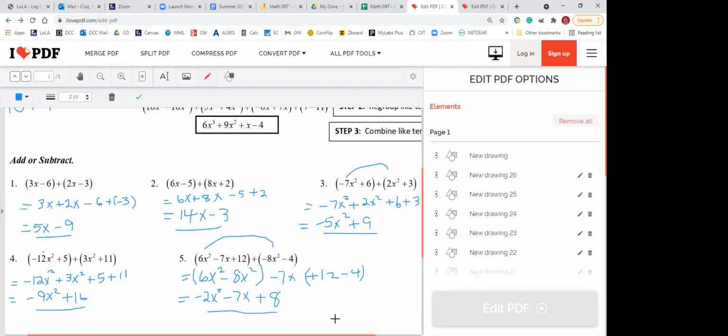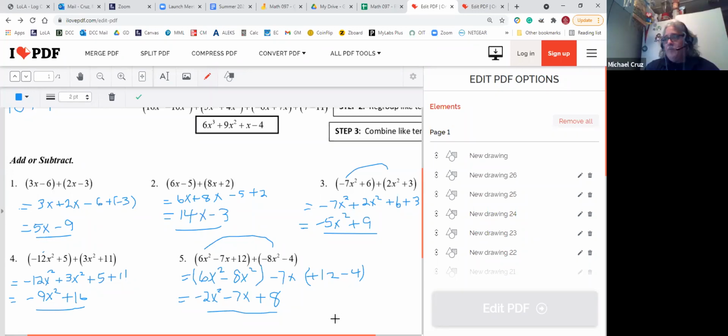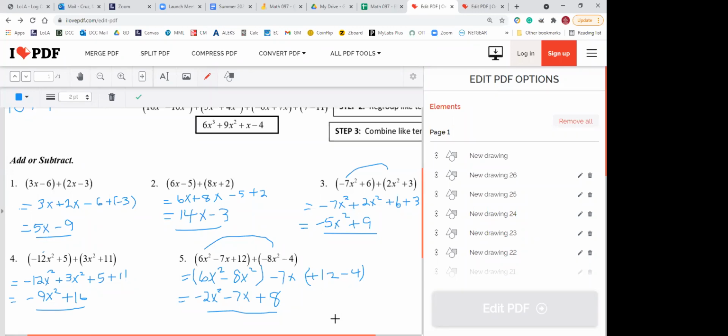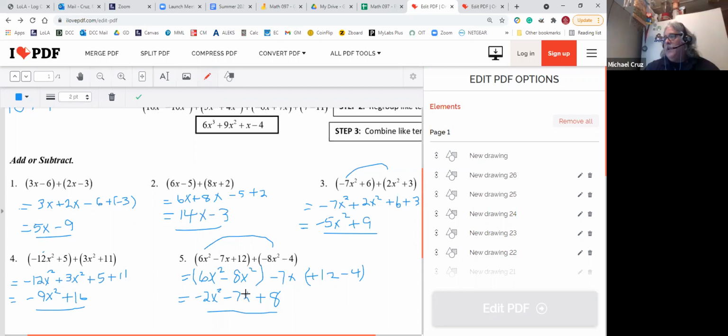I must have put the 6x and I must have added it. I didn't subtract it. Yeah, because I got negative x squared 2. Well, it is negative 2x. I'm not sure what you're saying, but if you add them, if that was a plus, it would be 14, but it's subtraction, so it's negative 2.